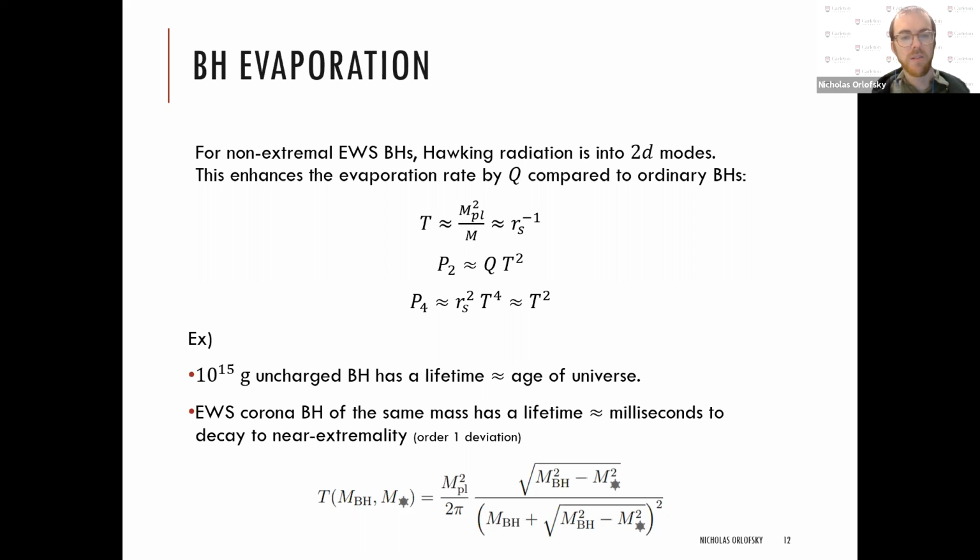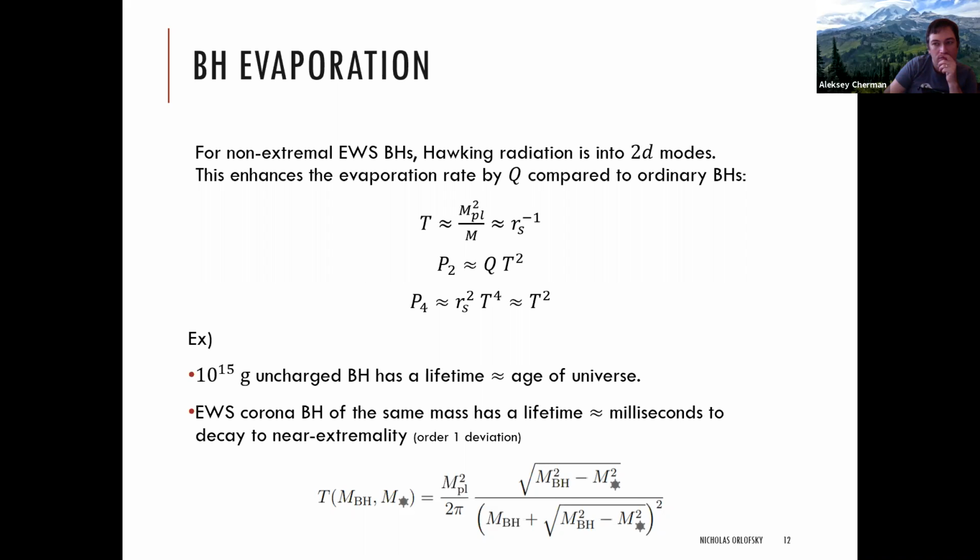And so what this means is that while a black hole that is 10 to the 15 grams that doesn't have any charge has a lifetime of order the age of the universe, i.e. the amount of time that it takes for the black hole to radiate all of its mass energy away, a black hole with an electroweak-symmetric corona has a lifetime of only of order milliseconds to decay back to near extremality, for some order 1 deviation from extremality.